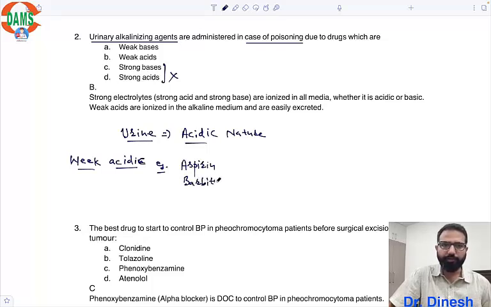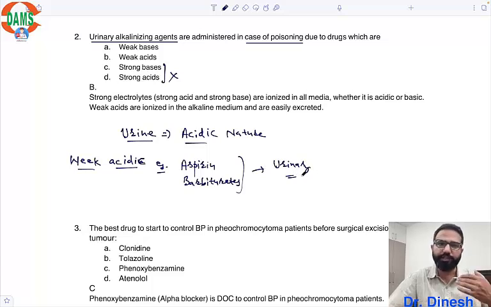When we use these types of drugs, they can reach the urine as it is and will try to be excreted from the urine. But because urine is acidic in nature and these drugs are acidic in nature, there will be more unionization than ionization.